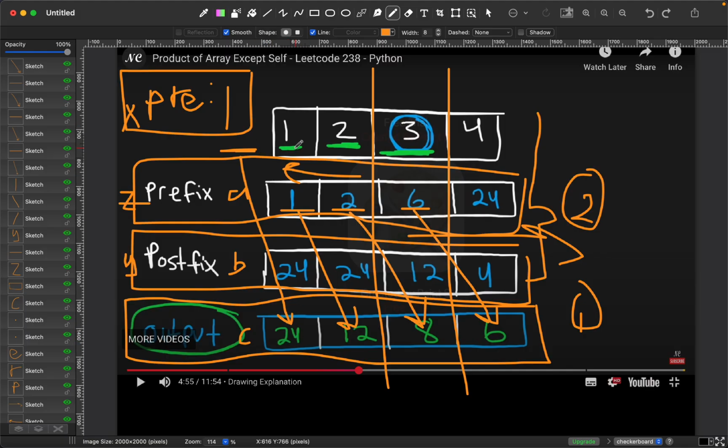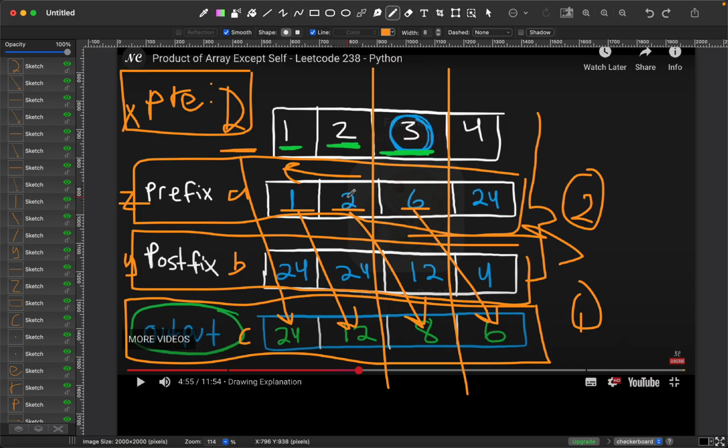And then once we calculate, we've got a pre, right? So 1 times 1 gets a 1, and 1 straight away is stored to array C, which is over here. And then now we use the 1 times the 2. So we get 2, right?